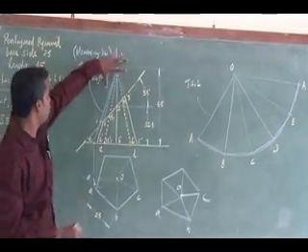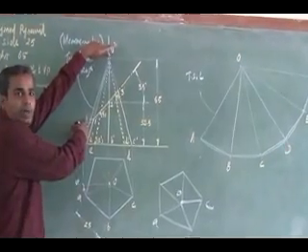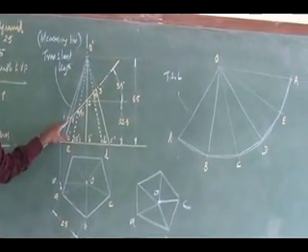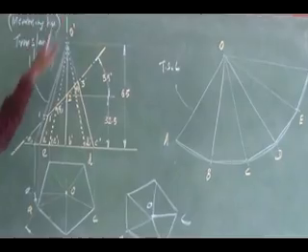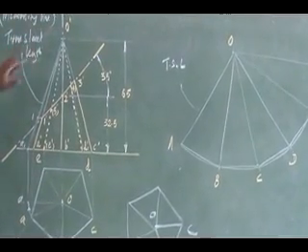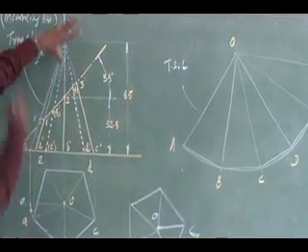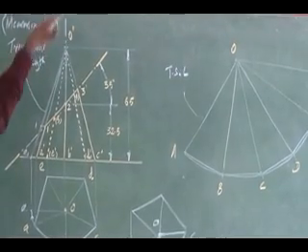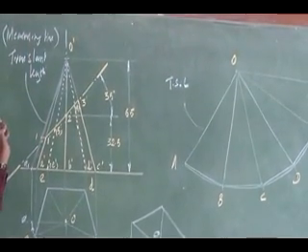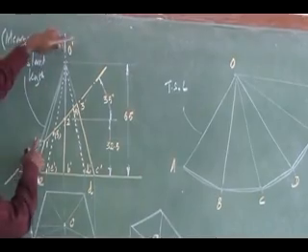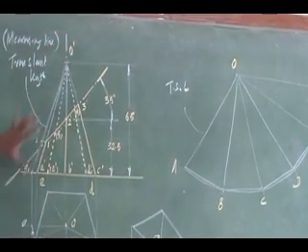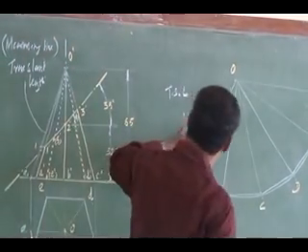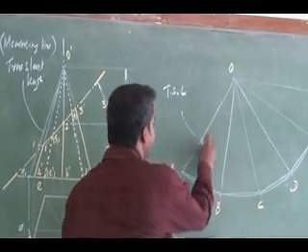Measure O to 1 distance in your compass, where I have my cutting point 1, which is on slant edge OA. Measure O to 1 along the measuring line. Remember, along the measuring line. You have to project it to the measuring line. So you measure the O1 distance, and you transfer it to OA.